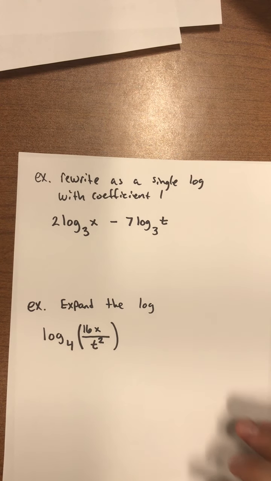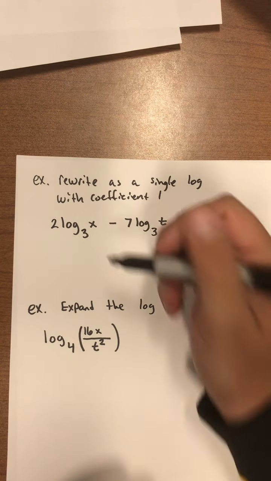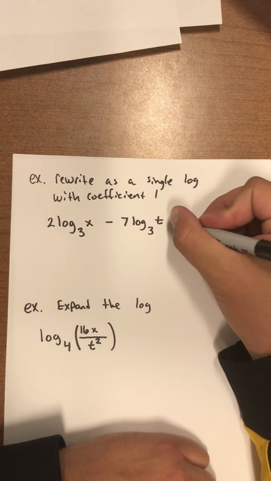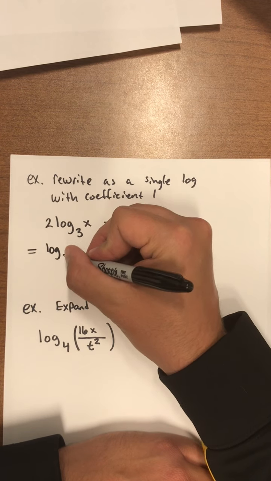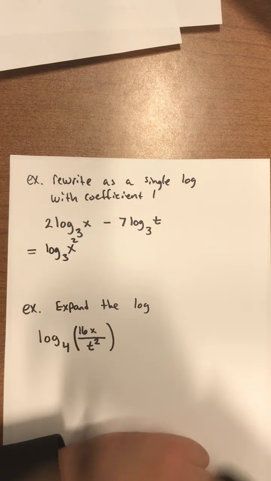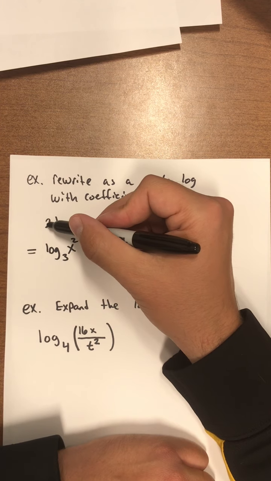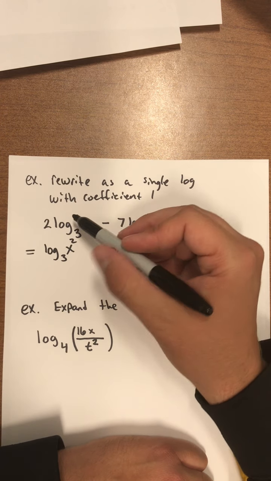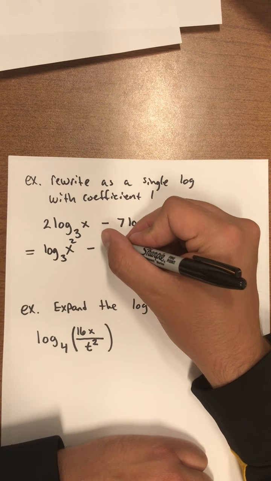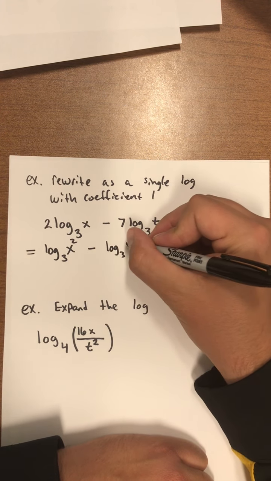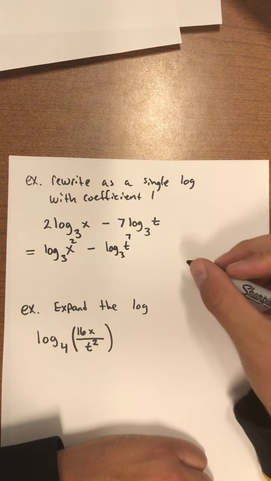Okay, so a couple examples where we're just practicing the properties of logarithms. Rewrite as a single log with coefficient 1. So what we would do is use the power rule, and we would put the 2, that's the coefficient out front, as the exponent, and then we do that same thing over here, and we'd have log base 3 of t to the 7th.